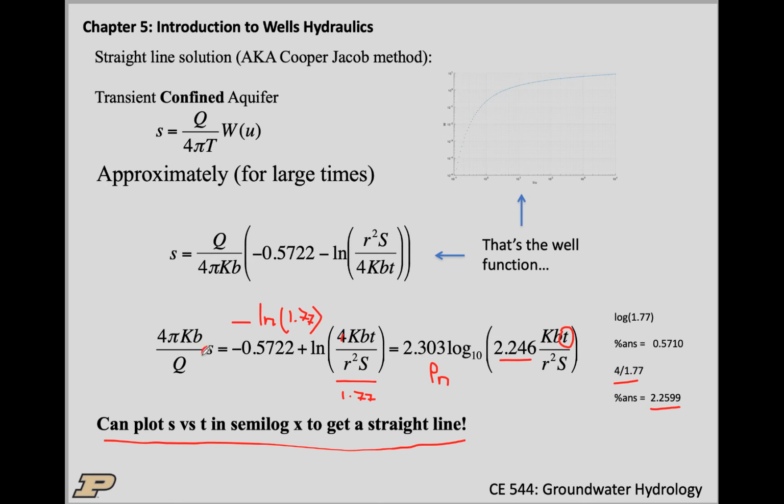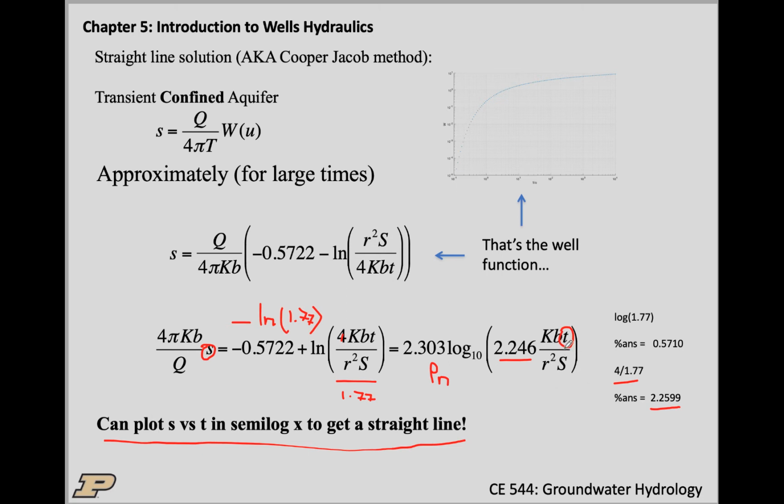So if we do a linear scale for s and a log scale for time, and again, this is equivalent to a linear scale for the Wells function, if you will, and a log for the 1 over u.